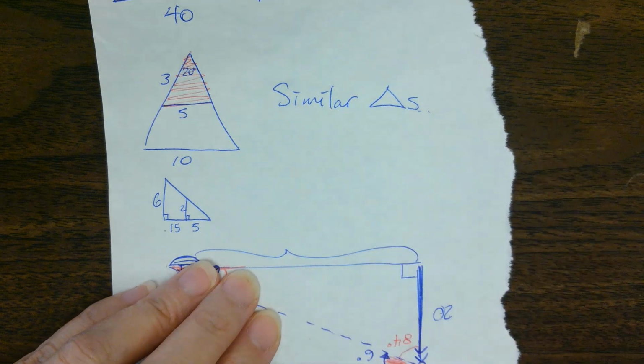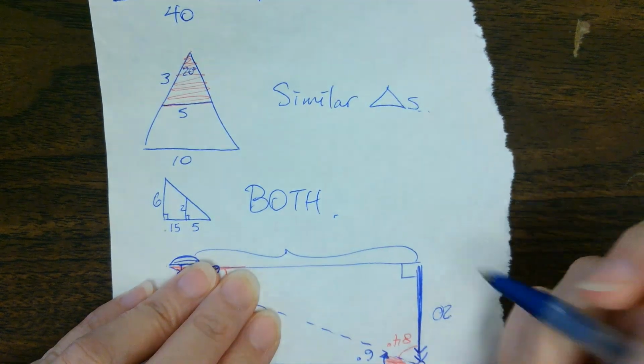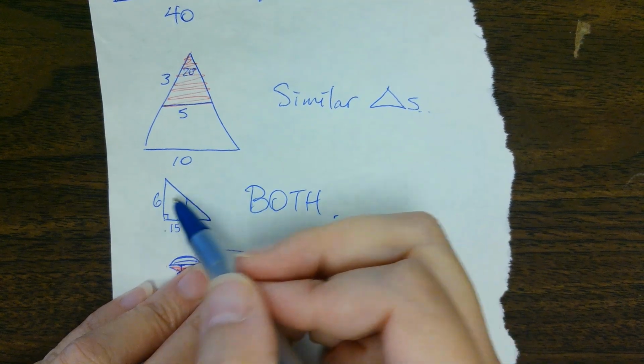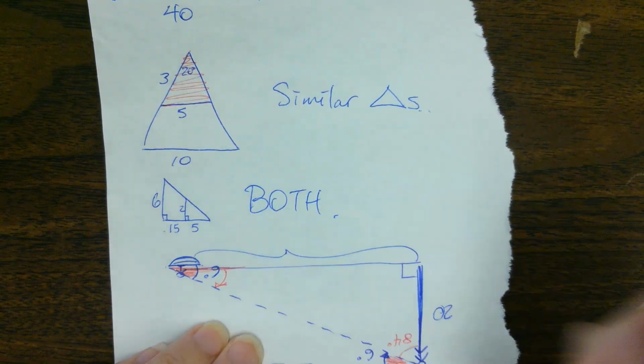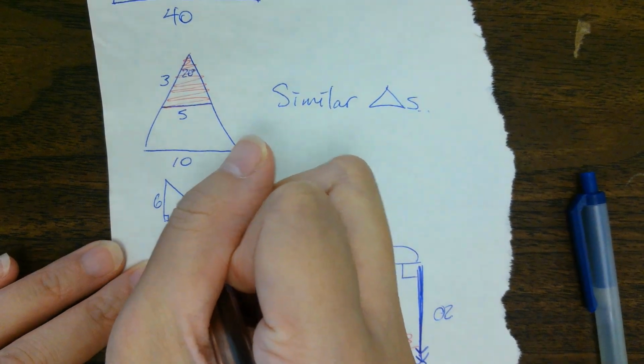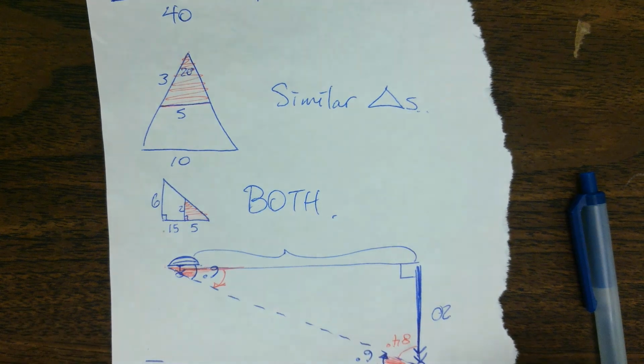Both. Good job. This one I can use both, because it's a right angle triangle, and also I have two triangles. This is a similar triangle to this. So in this case, I could use both as well.